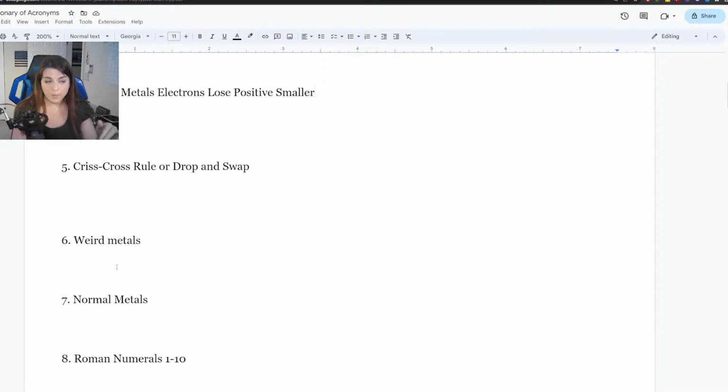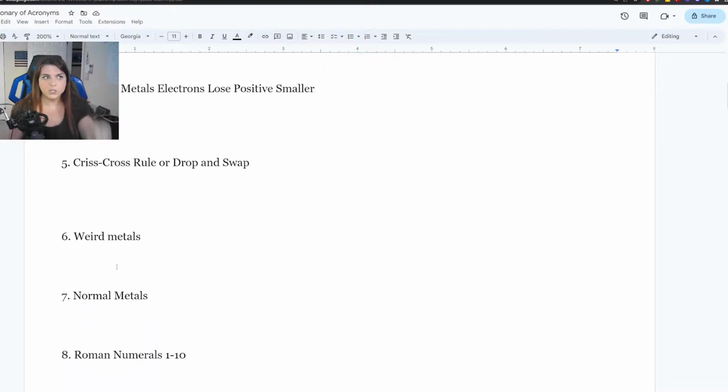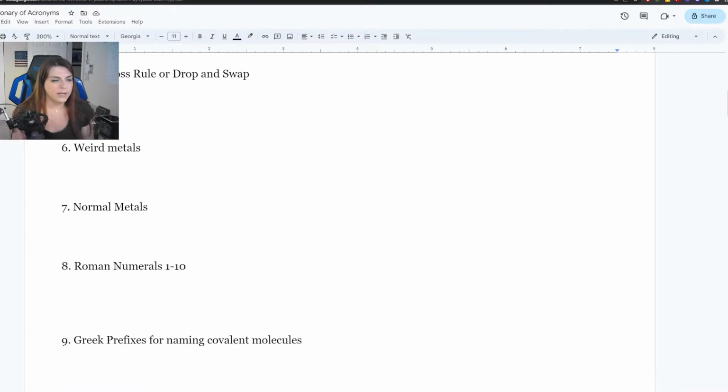But the normal metals in groups 1 and 2, plus a few others distributed out the table, have a very predictable oxidation state. So like silver's always +1. Cadmium is always +2. Lithium, always +1. Magnesium, always +2. Those are like the normal metals because they play by nice rules.